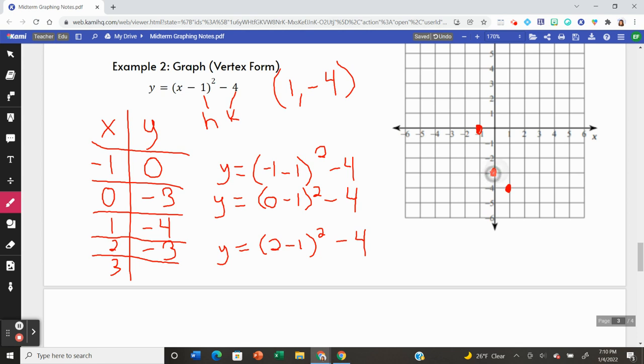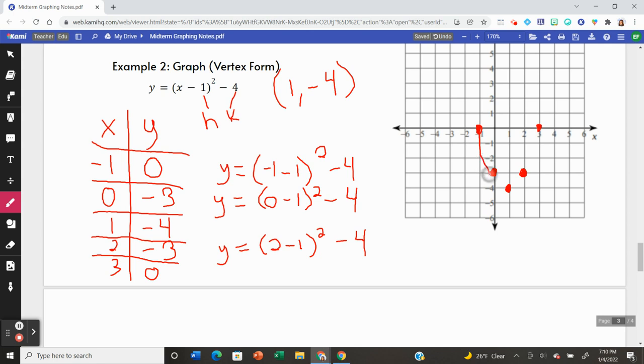So since we knew 0, negative 3 was a point, positive 2, negative 3 has to be a point. Because we have a point here that's 2 units away from our axis of symmetry, we're going to again have a point here that's 2 units away from our axis of symmetry.